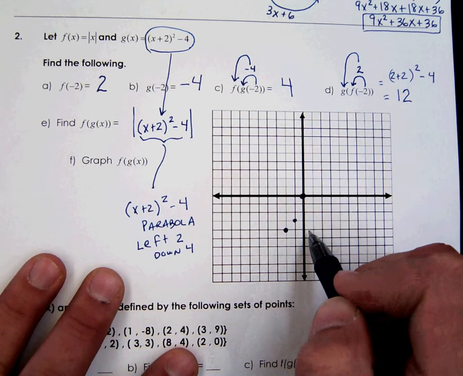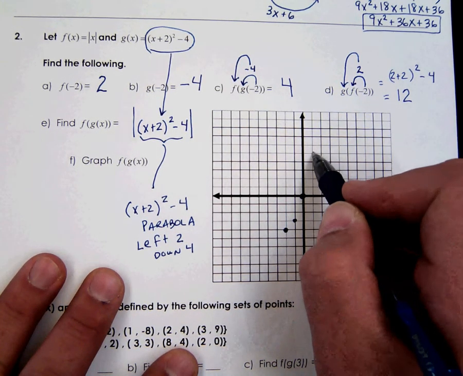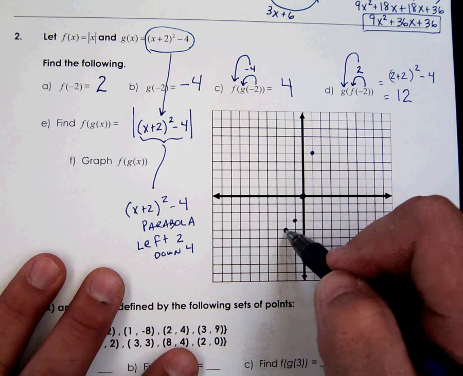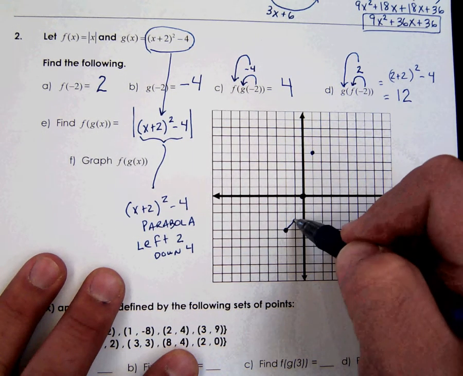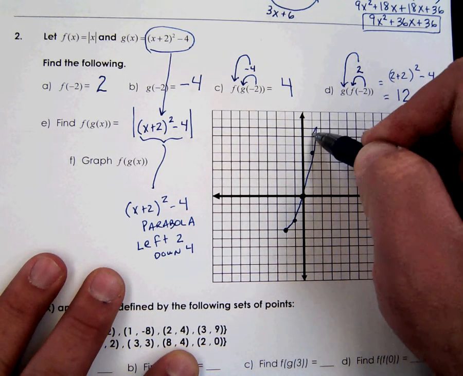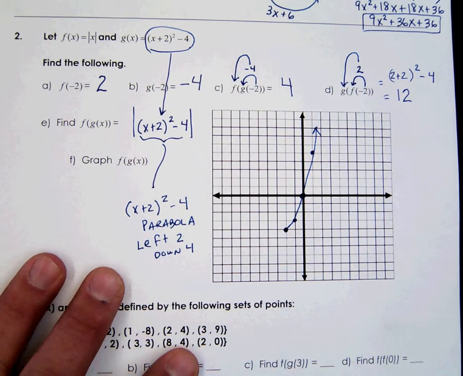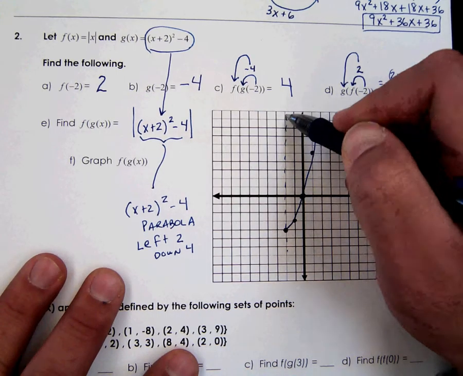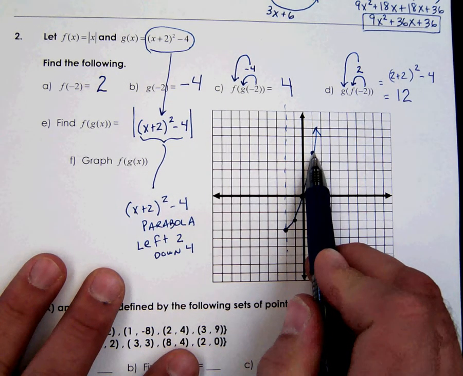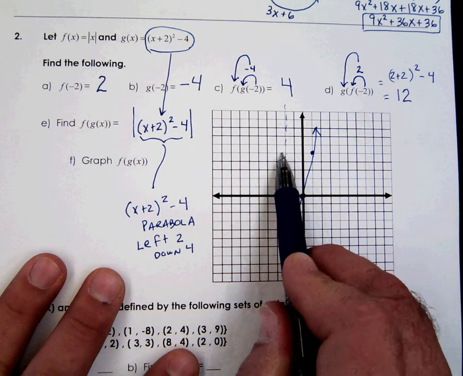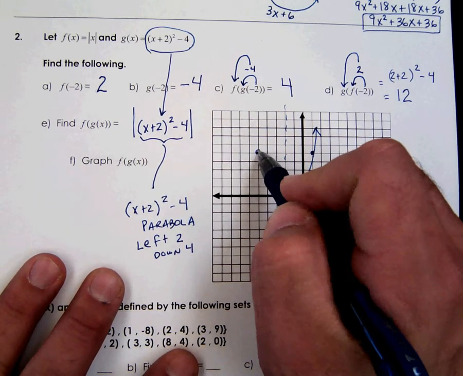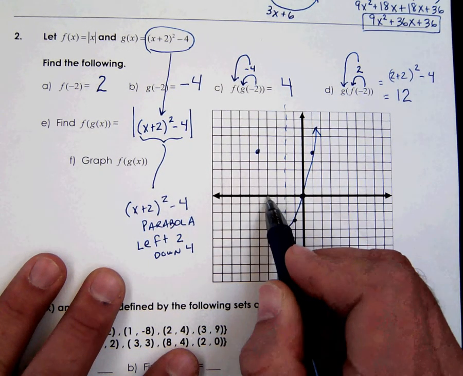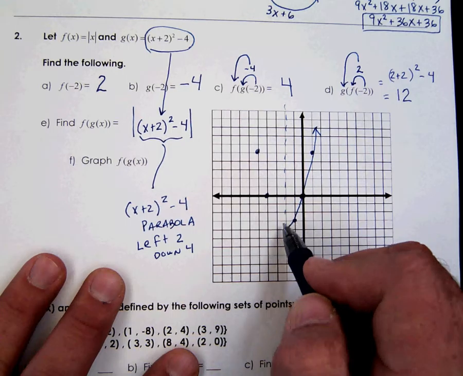So you move 3, 9 from the vertex. And that's going to be the right side of that parabola. The left side of the parabola would just be reflected over its line of symmetry. So if this point was 3 blocks from the line of symmetry, go 3 more to the left and put a dot. Symmetry. Graphing a parabola.